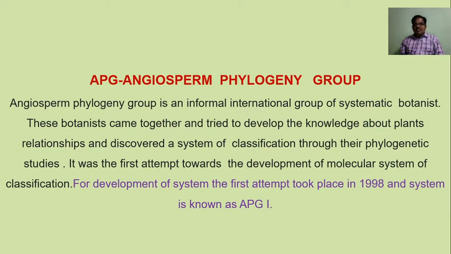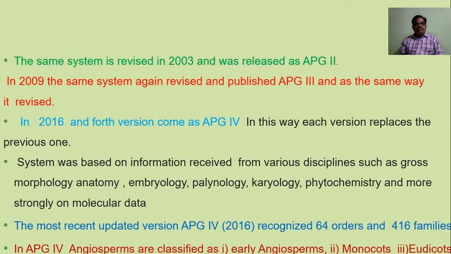This system was developed in 1998, so it is known as the Angiosperm Phylogeny Group first, APG1. Then the same system, APG1, was revised in 2003, and it was named APG2 on the basis of new characters.